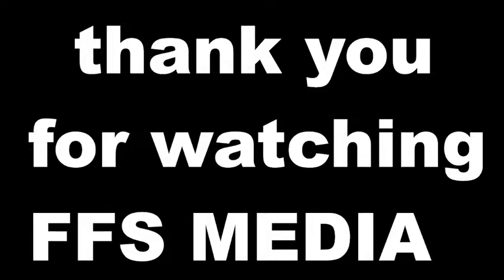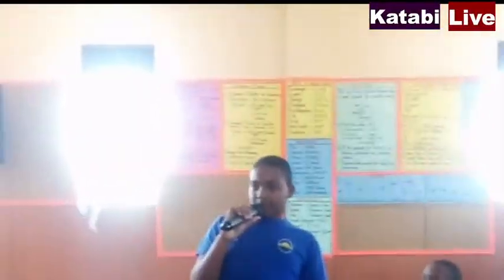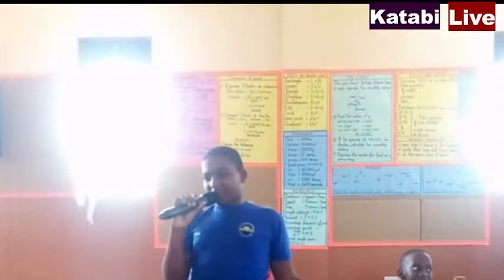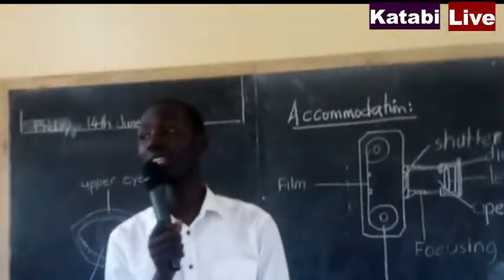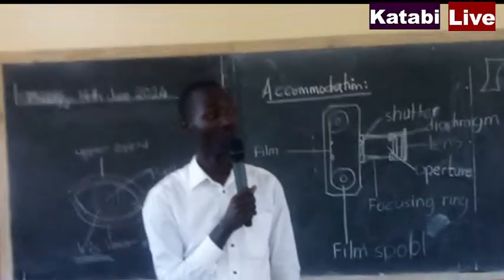Why is it that when you wear spectacles you get eye defects? Like we said, those spectacles have lenses, and we have the convex lens and the concave lens.